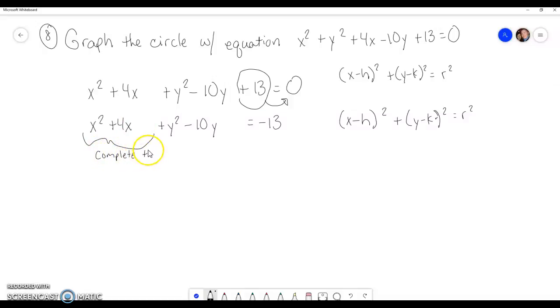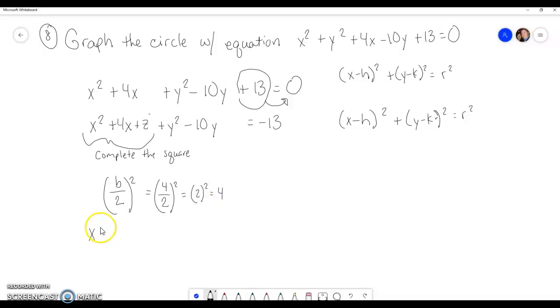We want to add some number here so that if we factored it, we would have a perfect square, that (x minus h) squared part. So you take your b, divide it by 2, and then square it. In this case my b is 4, so this would be 4 over 2 squared, which is 2 squared, and that's 4.